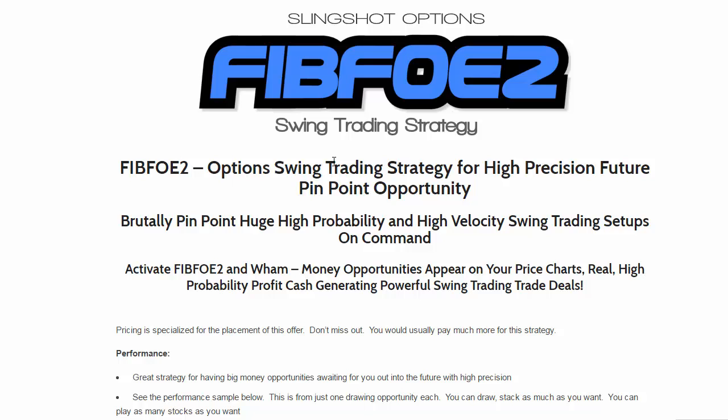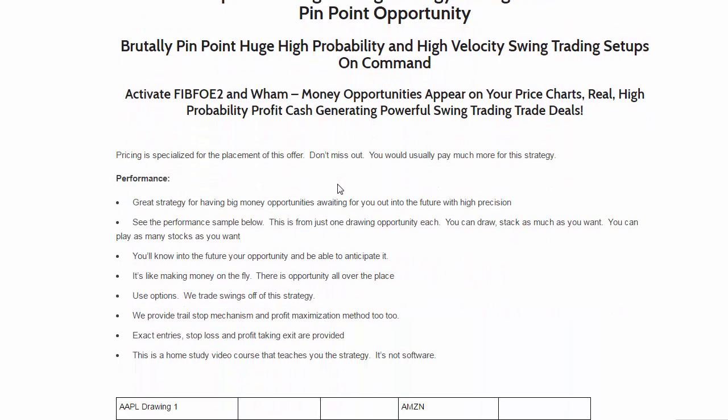With FIBFOE2 you have flexibility and an almost money on demand type of concept, whereas the opportunity is that strong. Each trade has such a strong probability for making a nice swing. This is a great method to trade.